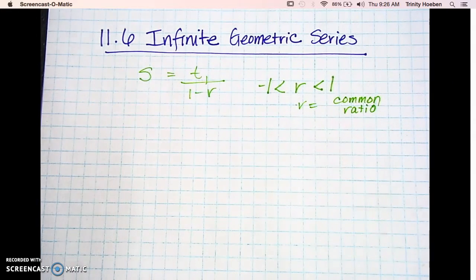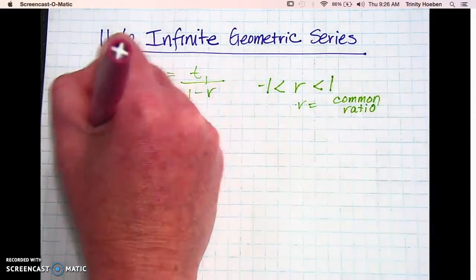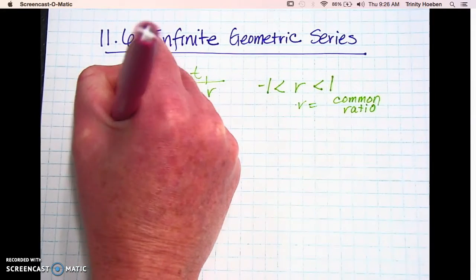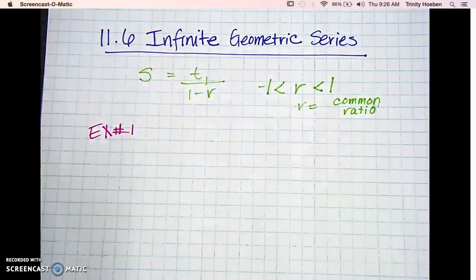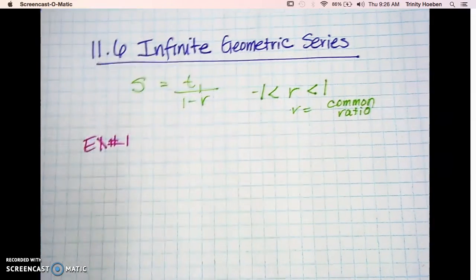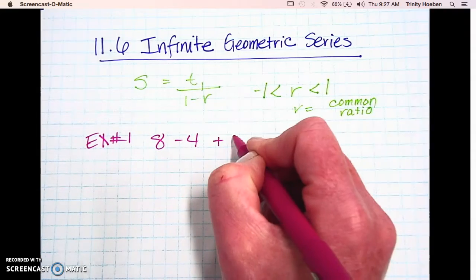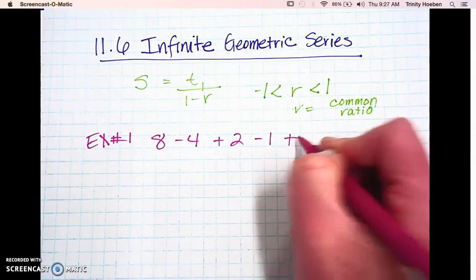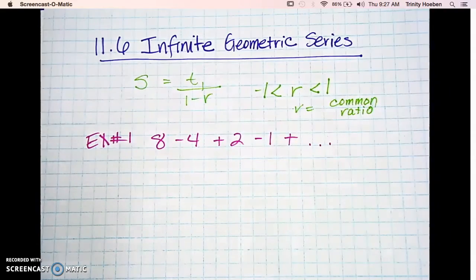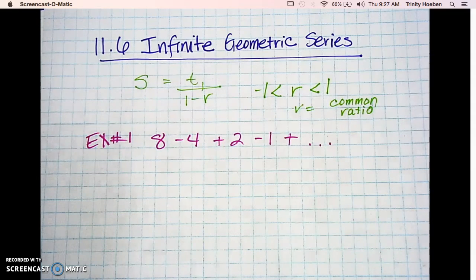All right, so for example, number 1, some of your problems are just going to give you a series of numbers like 8 minus 4 plus 2 minus 1 plus, and then it's just going to say dot, dot, dot with nothing at the end. That means it's going on forever, right?